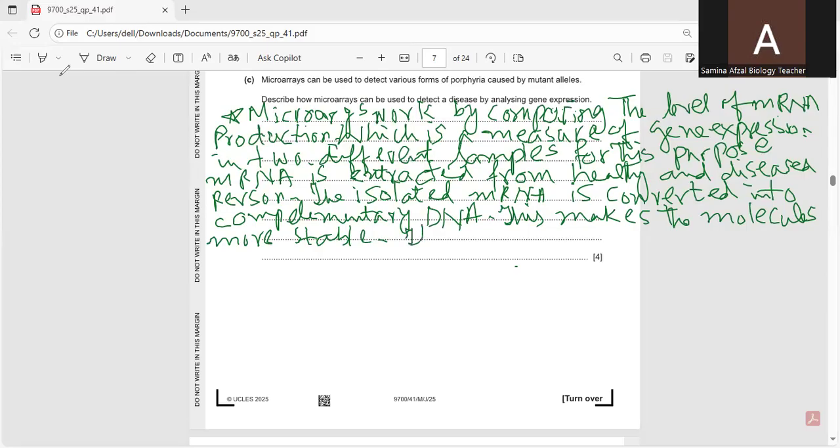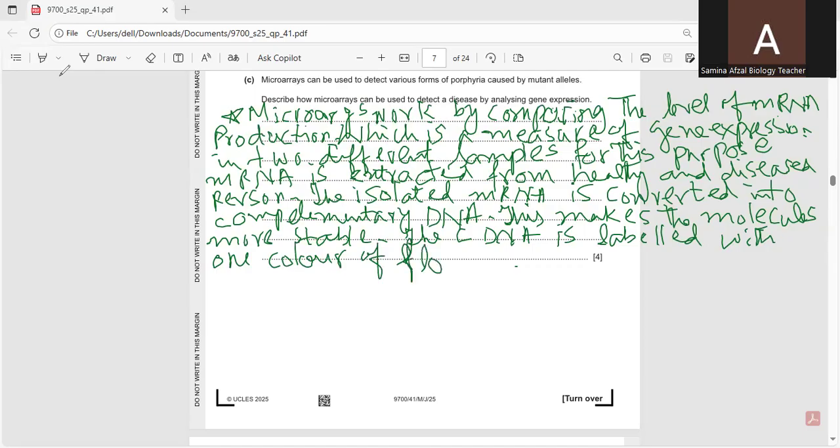The complementary DNA is labeled with one color of fluorescent dye.